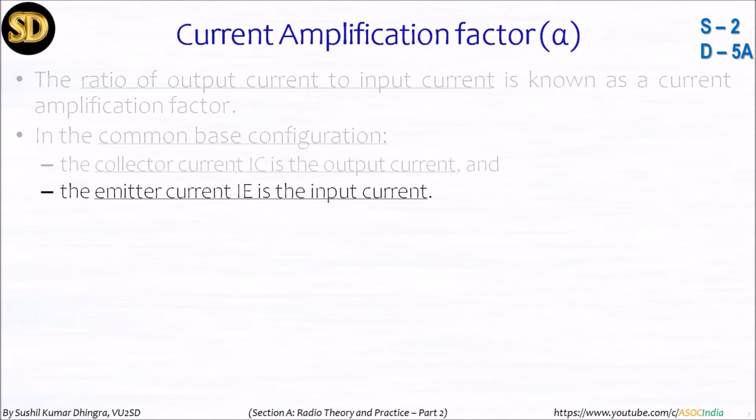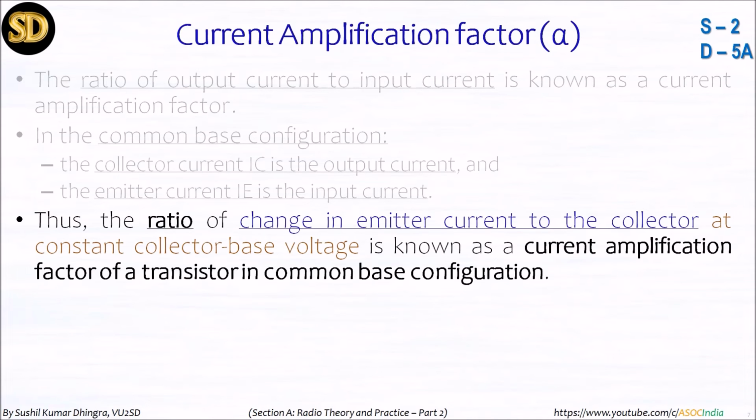I is current, E is emitter, and base is common, so base we are not using here. Thus the ratio of change in collector current to the emitter current at constant collector base voltage is known as the current amplification factor of a transistor in a common base configuration.